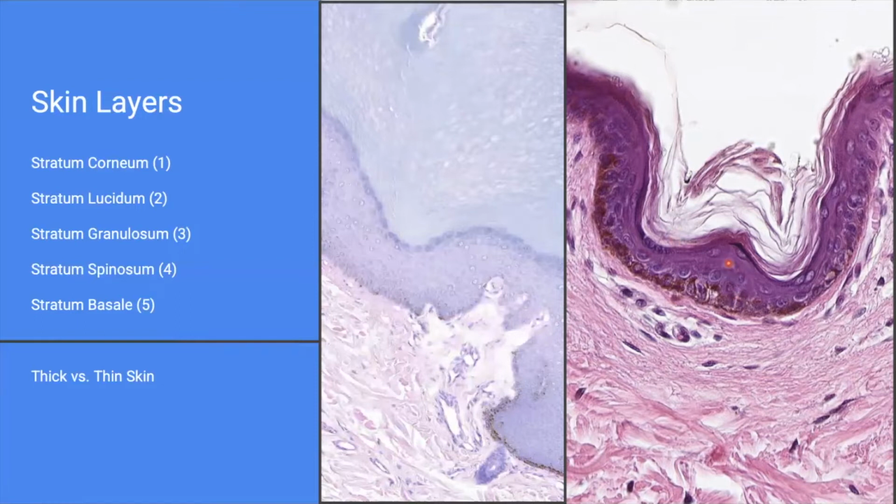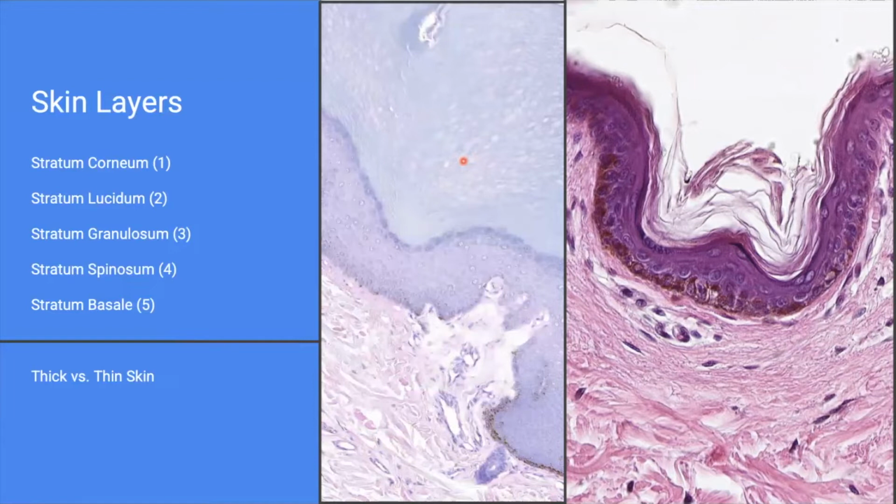We have a pretty thin layer of stratum spinosum, and then we have that stratum basale layer. So thick skin has a lot of stratum corneum. That corneum layer is very well formed, and that is extremely well adapted to resist friction forces.